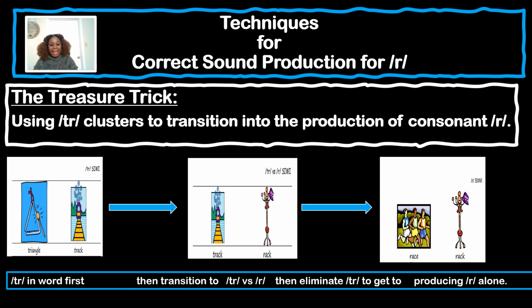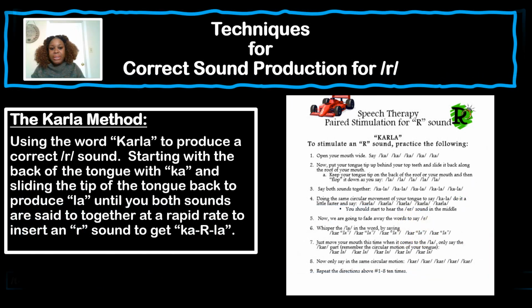Now, like I said, I would not try to introduce the R sound in this manner until, in some way, shape, form, or fashion, they are making the R sound at least 50 to 80% of the time, or they do a very close approximation of the R sound that could lead into a more stable production. So this was just another tip and strategy.